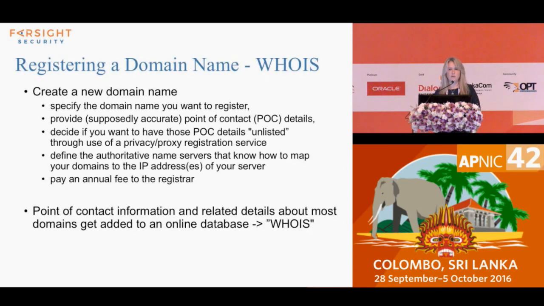So I would imagine that most of us are familiar with WHOIS in some way, shape, or form. Basically, when you create a new domain name, you enter in the domain you want to register, and you provide some kind of information about point of contact. I say supposedly accurate because we all know that WHOIS data cannot be 100% relied upon.